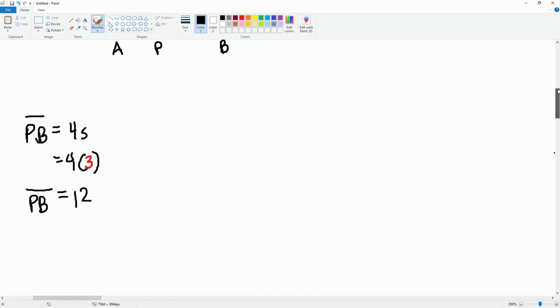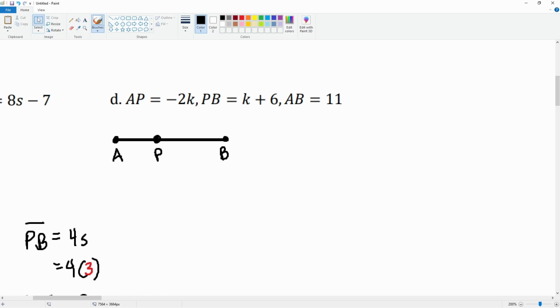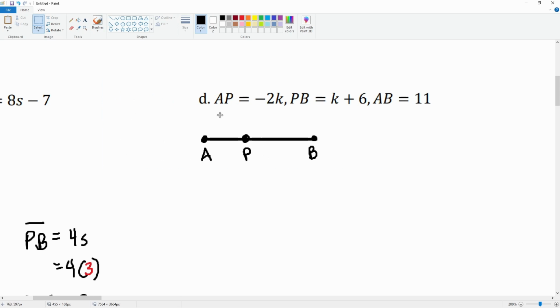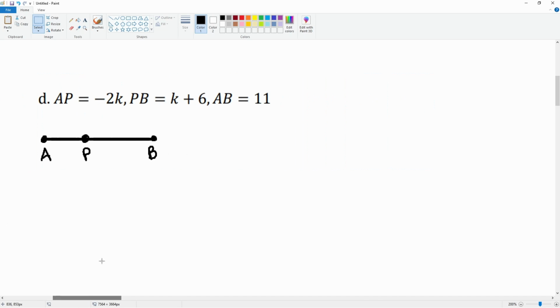Let's take a look here at question D. I'm going to move it over to give ourselves a little bit more room to work with. Let's label it. AP is negative 2k. Then PB is k plus 6. Then we have the entire thing, which is AB, which is equal to 11.